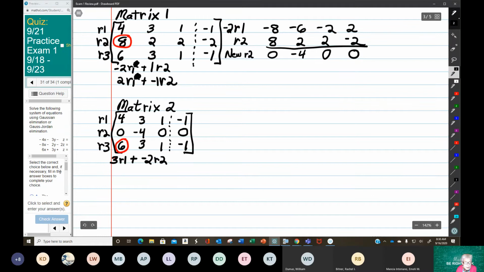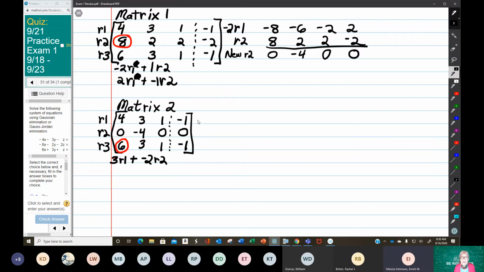Now what this is going to do is 3 times 4 is 12, -2 times 6 is -12, so 12 plus -12 is 0. That will get me my 0. Notice that my whole motivation is getting a 0 in that place right there, and I don't really care a lot about what happens to the other numbers.